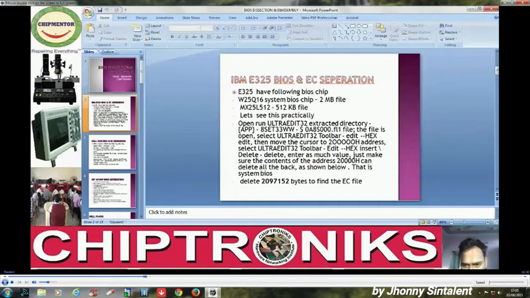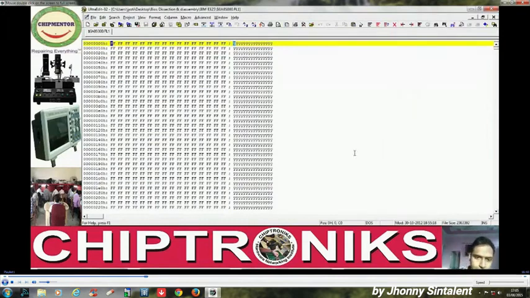What we have to do is, a very interesting point I will tell you: in this kind of file, first the BIOS is there and after that the EC is there.